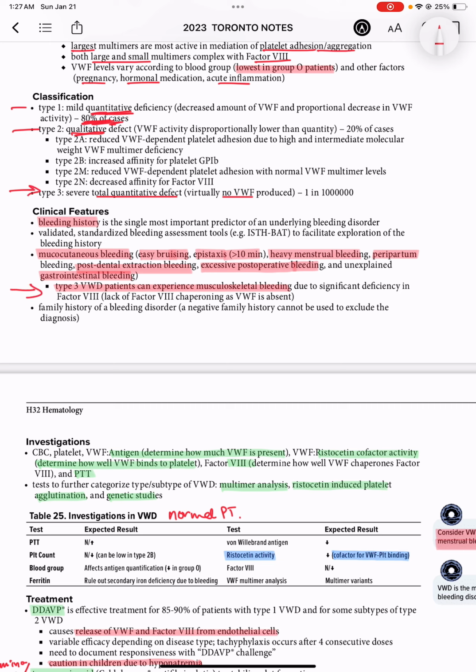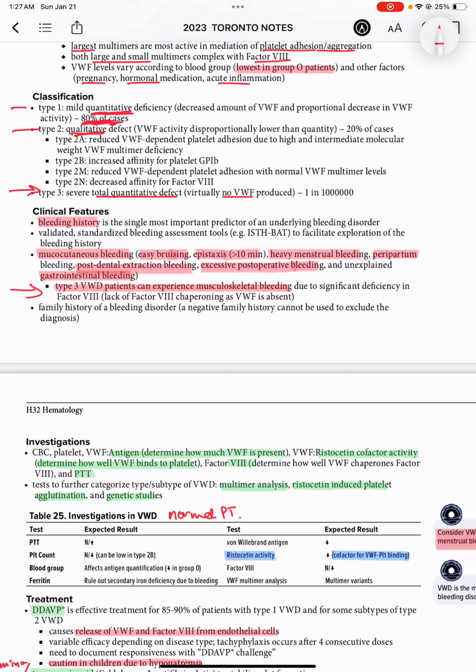So type 3 von Willebrand disease patients can experience musculoskeletal bleeding too. Because there's significant deficiency in von Willebrand factor, there's virtually no von Willebrand factor, then there will be virtually no factor 8 attached to it. There would be production of factor 8, but since von Willebrand factor amplifies its presence by increasing the half-life of factor 8, there's a very significant deficiency in factor 8.